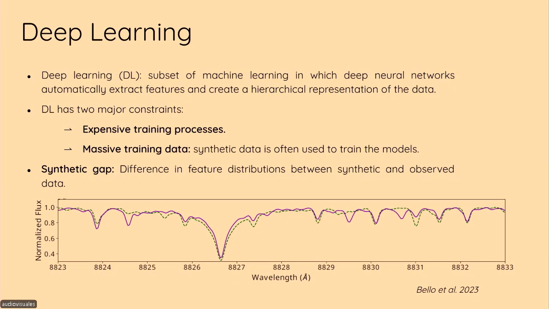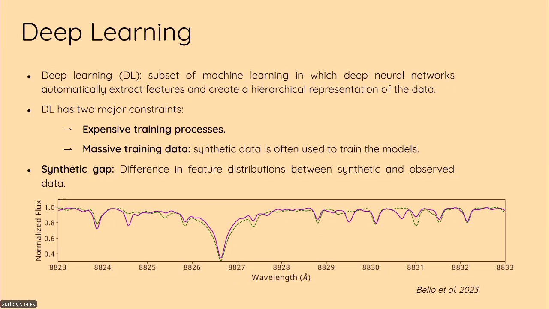And this is what we know as the synthetic gap, which is just the difference in feature distributions between the synthetic and the observed data. And here you can see an example in the figure. This is a wavelength section of one of these high-resolution spectra that we are using in our research.